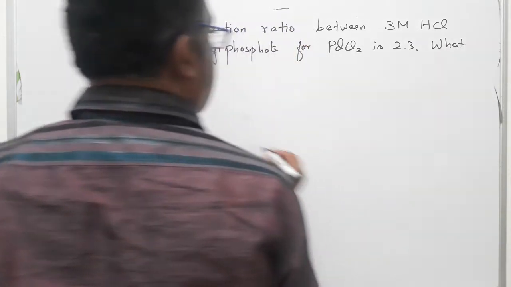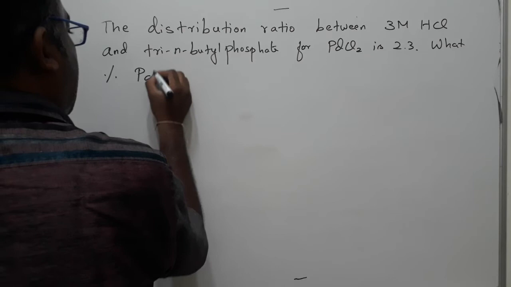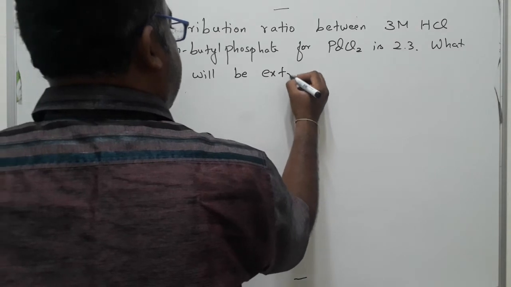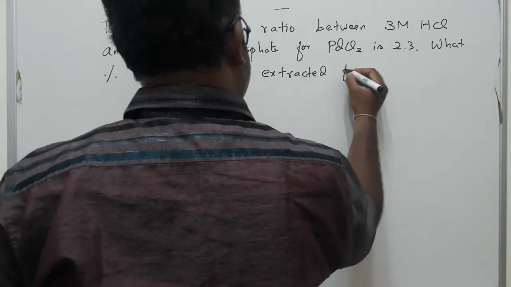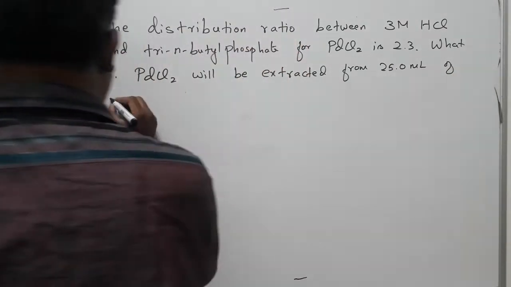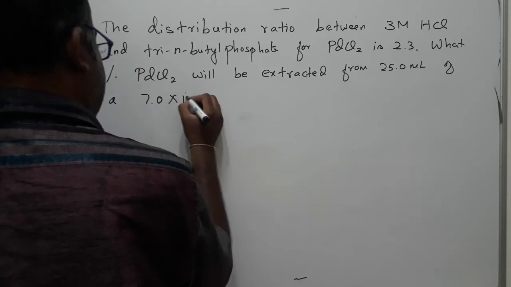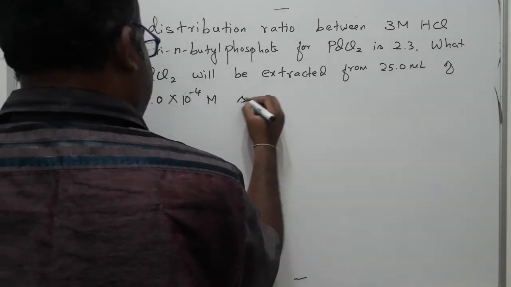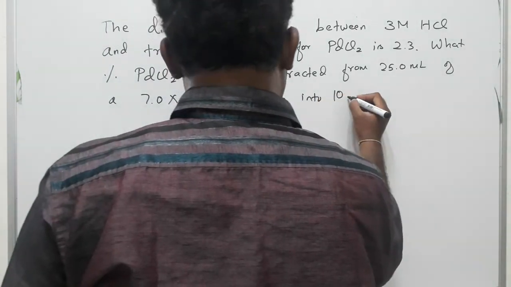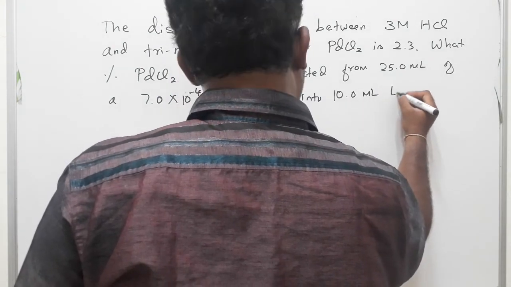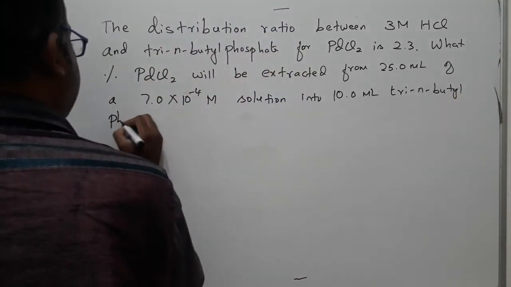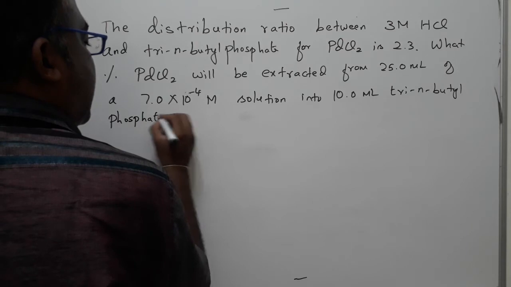What percentage of palladium chloride will be extracted from 25 ml of a 7 into 10 power minus 4 molarity solution into 10 ml tri-N-butyl phosphate? So it's a very direct question. There is no kind of complication.